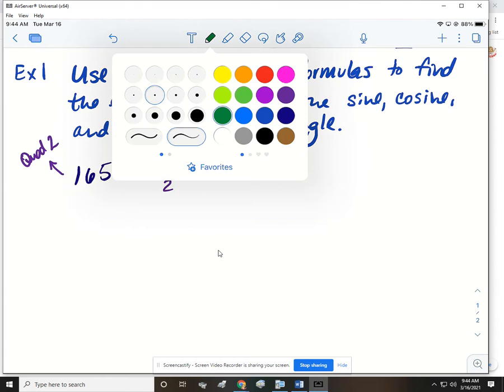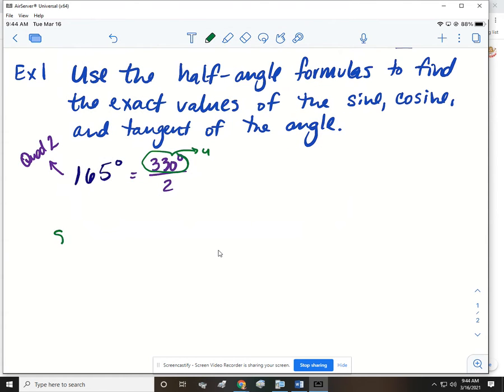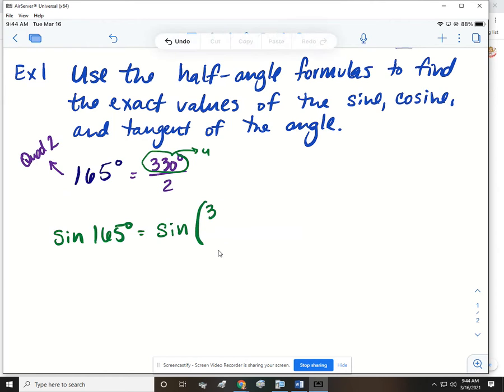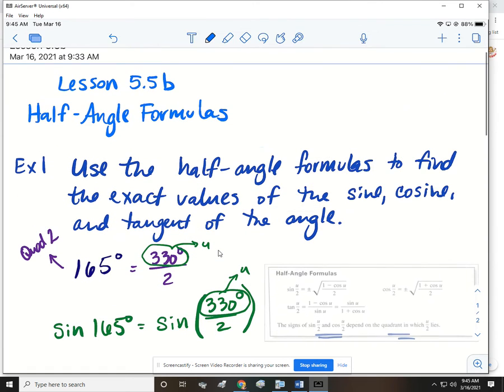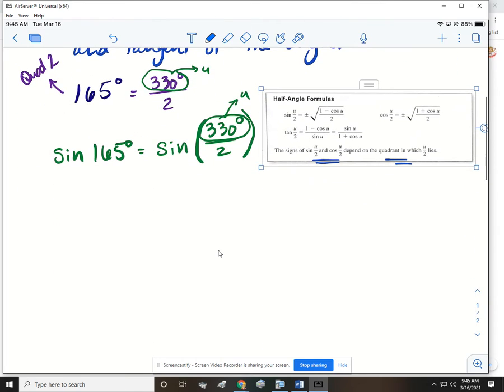All right, so let's start with the sine of 165 degrees. That's going to be the same as the sine of 330 degrees divided by 2, so half of 330 degrees. Then I'm going to take my formula, the first sine of half an angle, and I'm going to put 330 degrees in for u.